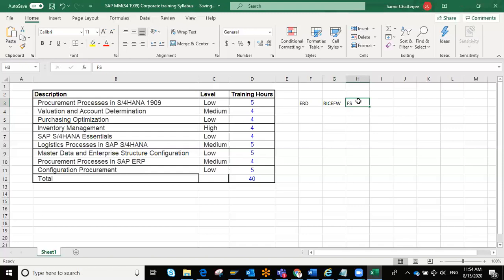How to write an FS for forms, how to write an FS for workflow, we should learn. Right now we will exit and discuss more over the phone, of course.